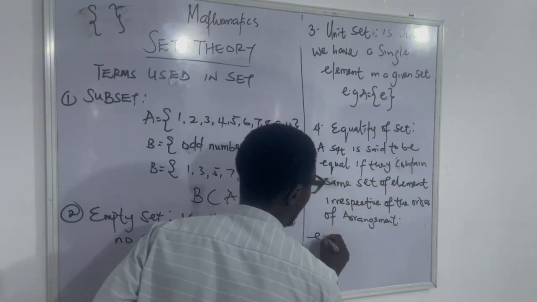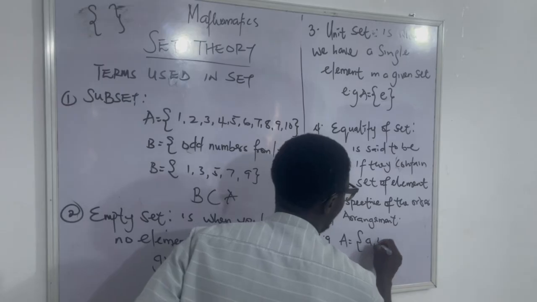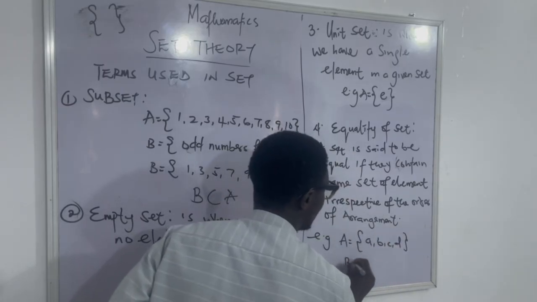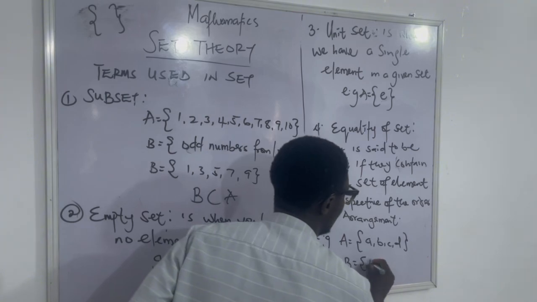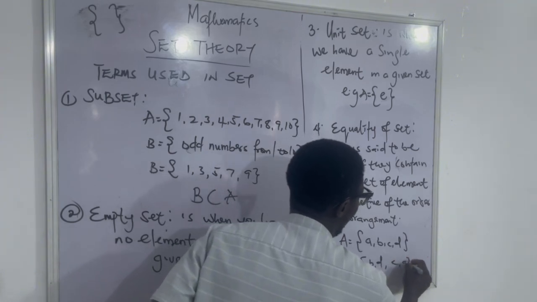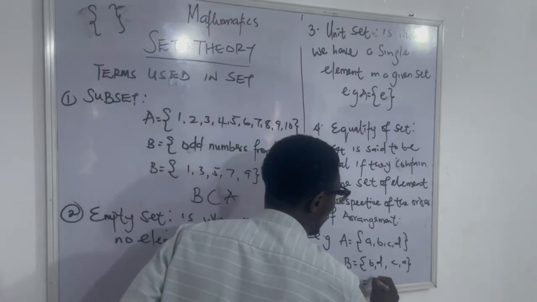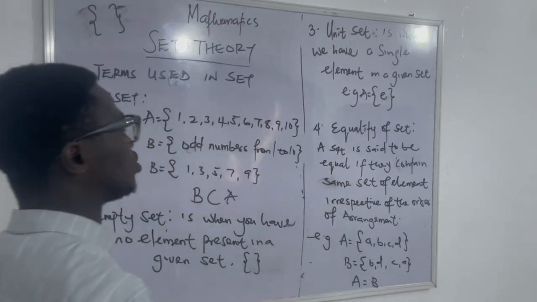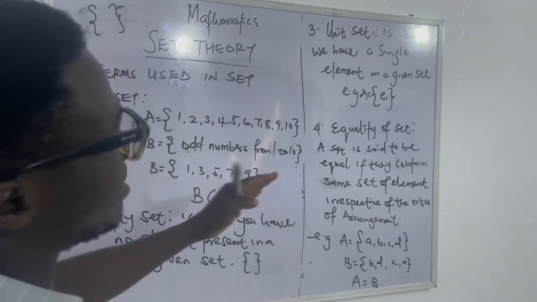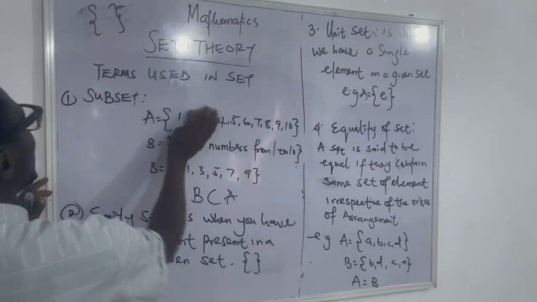So for example, I can say set A contains A, B, C, D, and set B might contain B, D, C, A. Now, we can actually say set A is equal to set B. Are we together? We can say set A is equal to set B.